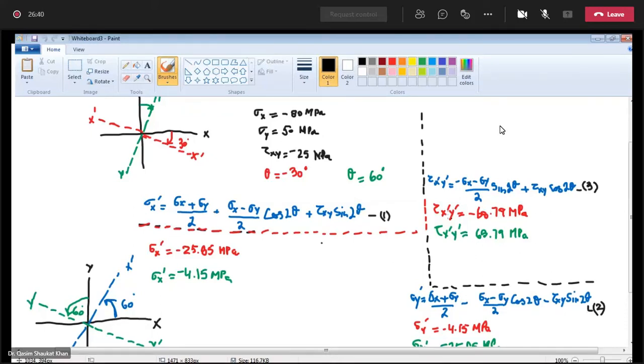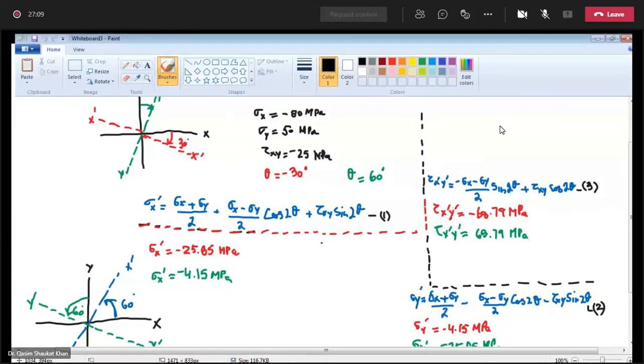So what's the value of transformed shear stress, tau x dash y dash? Minus 68.79 megapascals, sir.